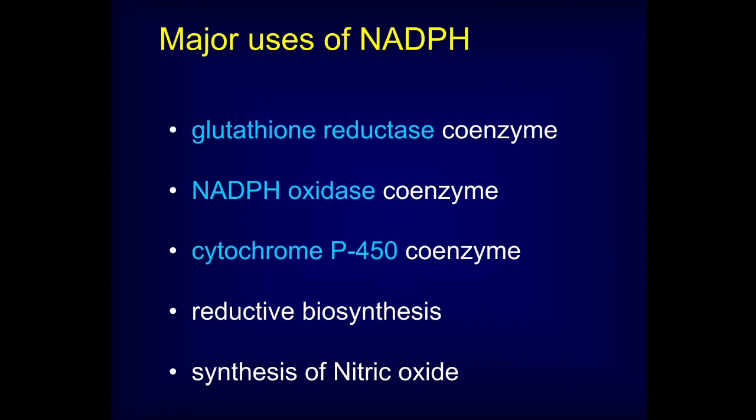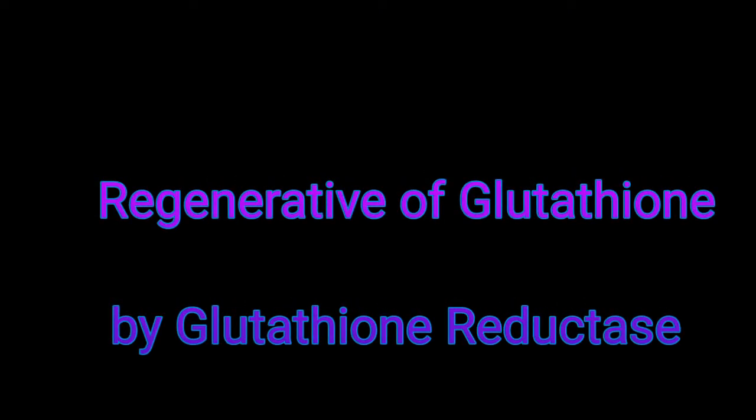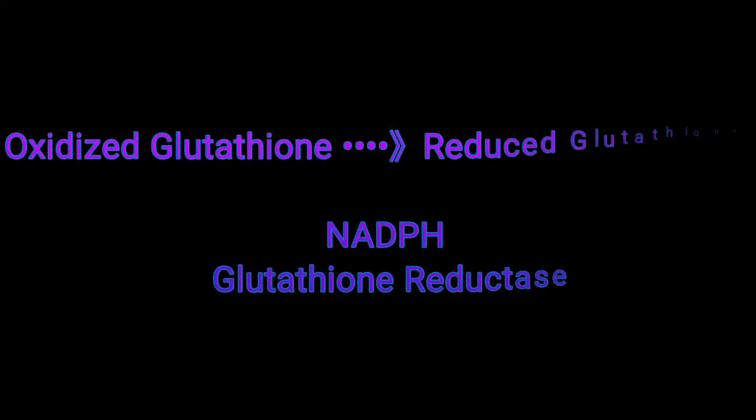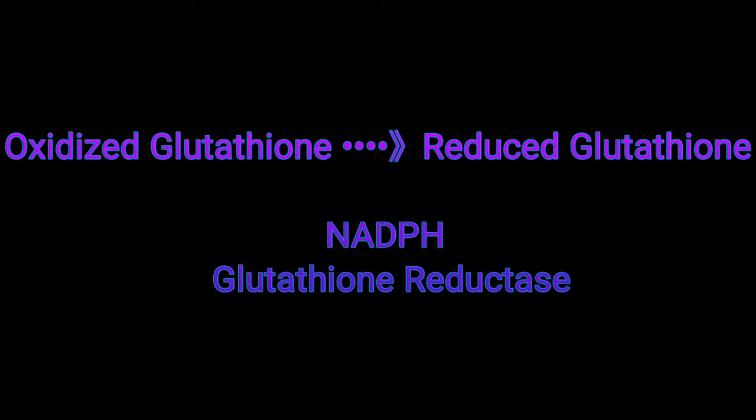The first important use of NADPH is the regeneration of glutathione from oxidized glutathione by glutathione reductase. Glutathione produced by glutathione reductase is needed for detoxifying hydrogen peroxide by glutathione peroxidase.